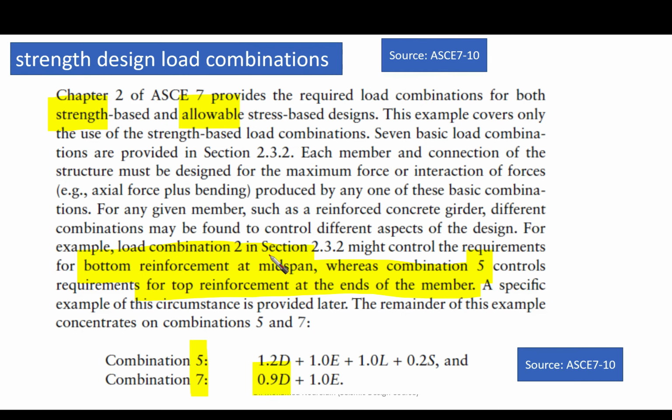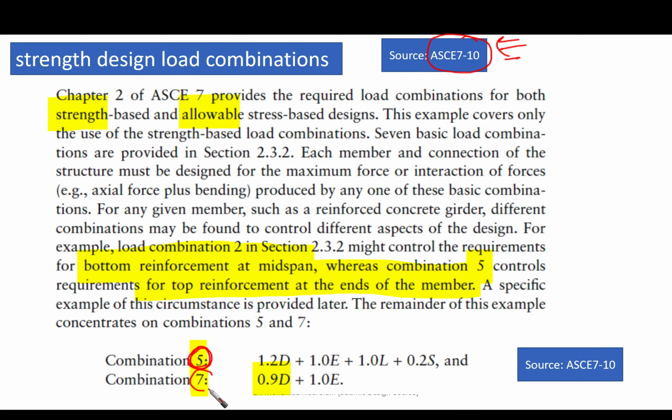Now, strength design load combination. Actually, this is ASCE 7-10 that I'm going to talk about. They are very similar. Only remember that in ASCE 7-10, this is called combination 5, but it is the same combination as combination 6 in ASCE 7-16.